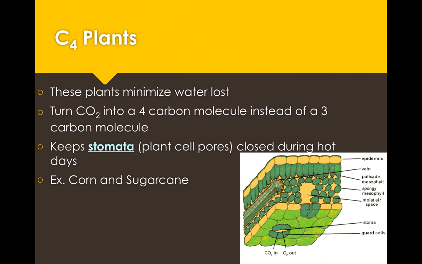So we have what are called C4 plants. These plants minimize water loss. They do that by turning the CO2 into a 4-carbon molecule instead of a 3-carbon molecule. This allows them to have the CO2 kept in place for when they need it, which means they can keep their stomata closed during hot days.